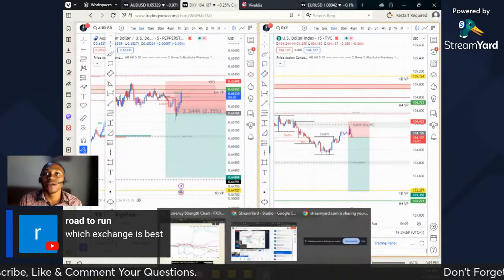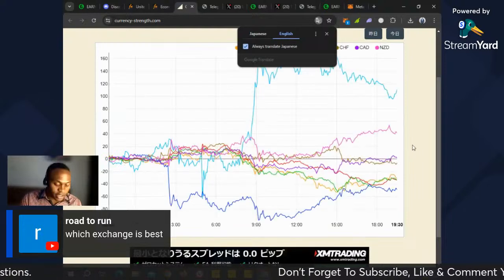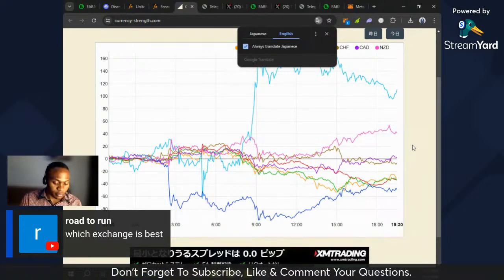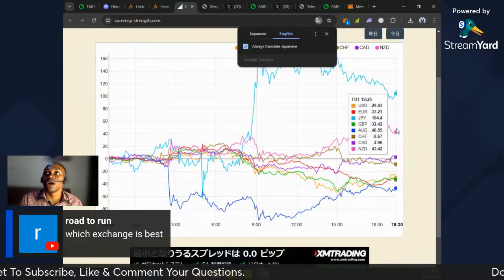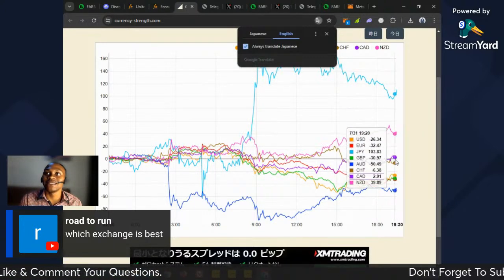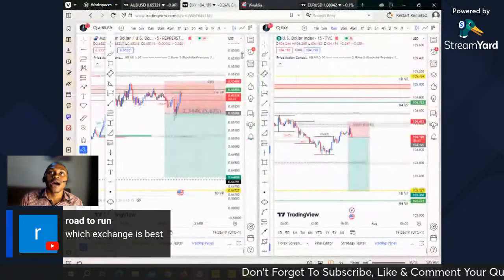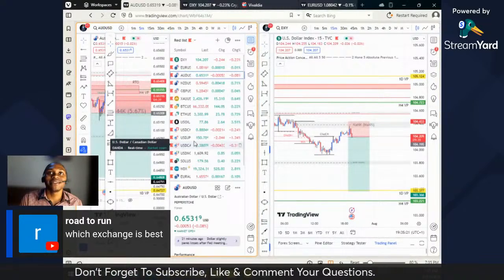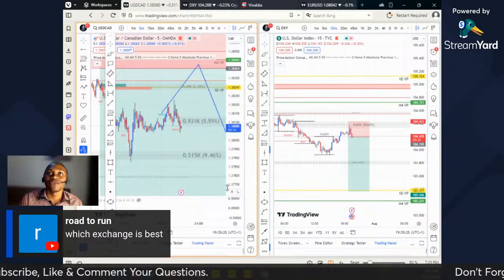So let's check the currency strength meter. The strongest currencies right now are JPY and NZD, then USD CAD. I will be more comfortable going for USD CAD because I see a structure that I recognize and understand very well.